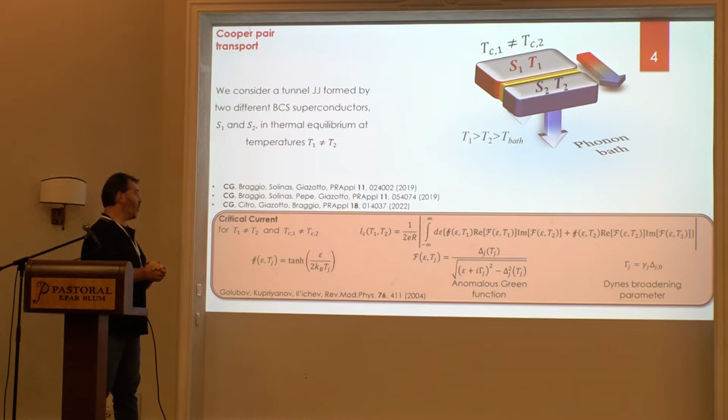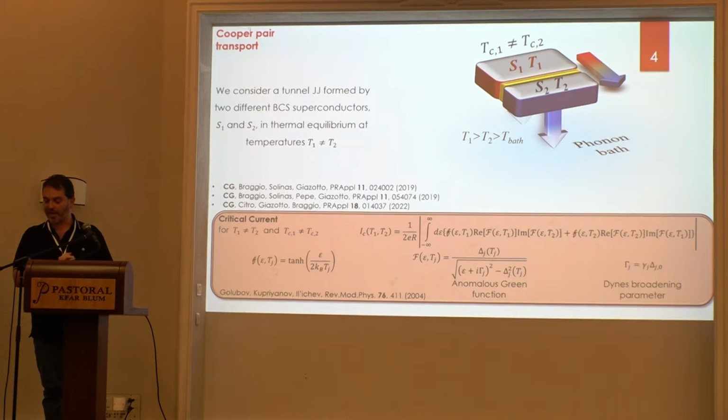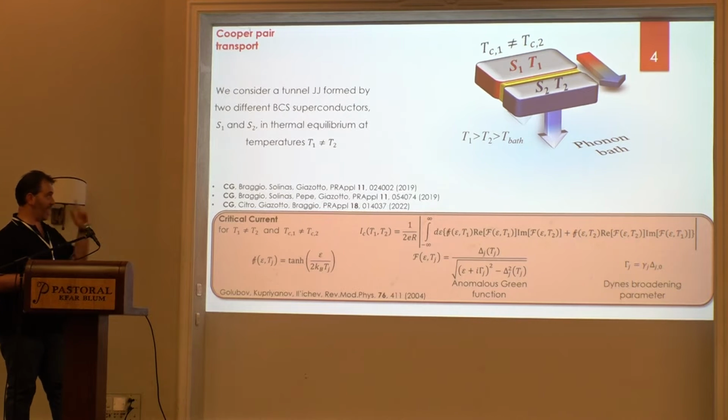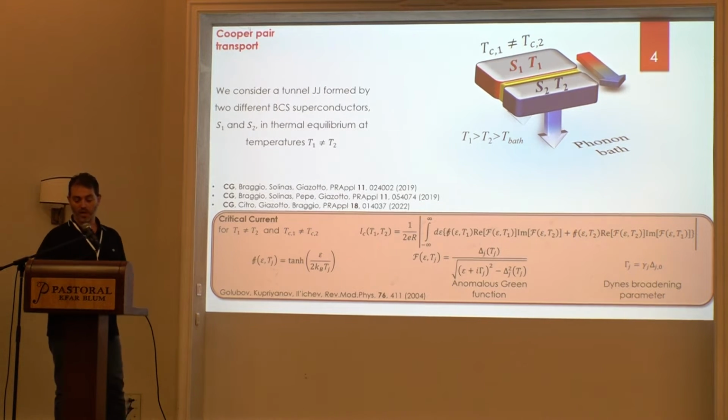At the end of the story, what we did was to study this equation. This is the critical current for a system that can be formed by two different superconductors that we assume at different temperatures. And trust me, in a system which is formed by the same superconductor and at the same temperature, this equation becomes the well-known Ambegaokar-Baratoff relation that maybe you know.